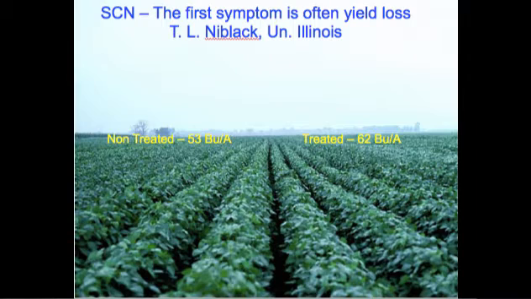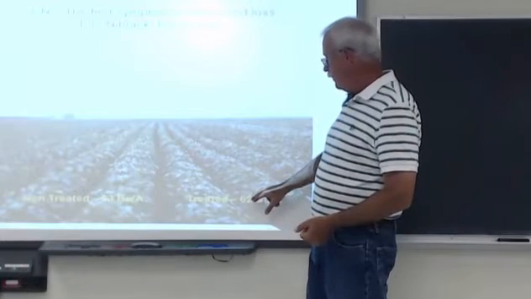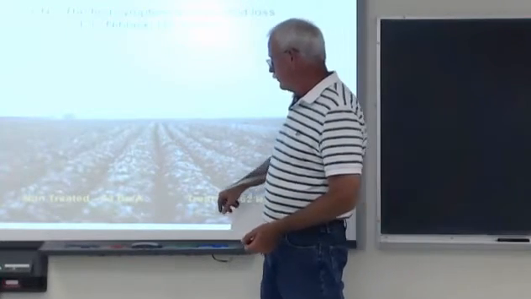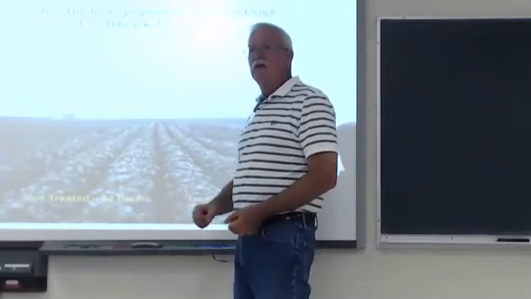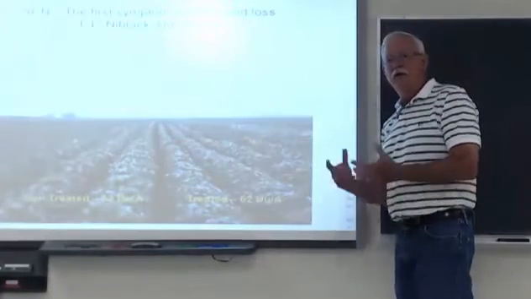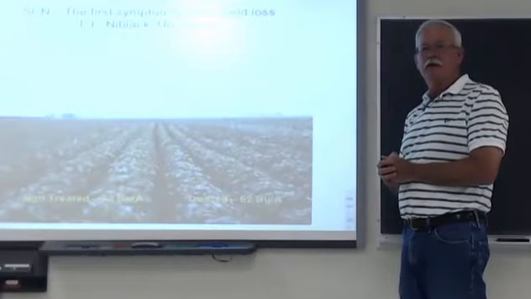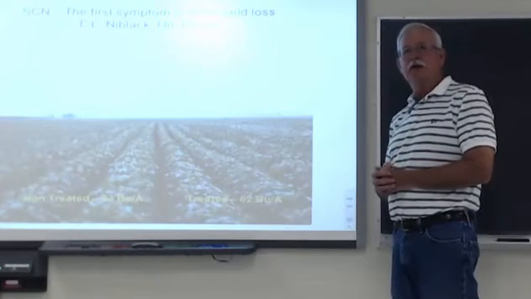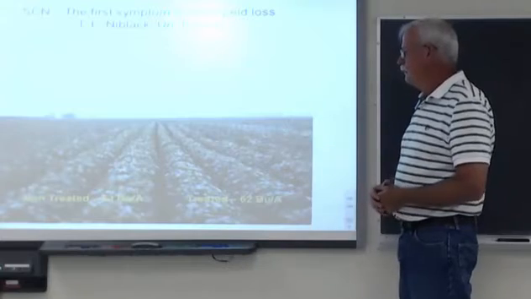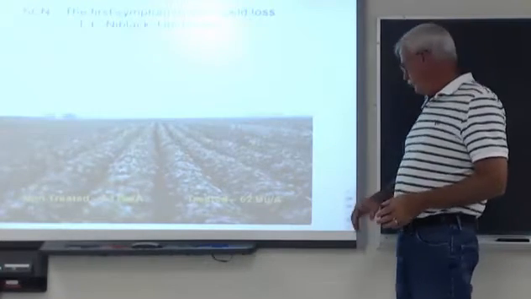Some research done by Terry Niblack at the University of Illinois clearly demonstrated in this soybean field where the plants just looked gorgeous, great looking crop of soybeans, but it was infested with the cyst nematode, and where the field was treated with a nematicide, there was a 9 bushel per acre yield increase relative to the untreated portion of the field. So unless they're treated with nematicides, which is too expensive for this crop, it is very difficult for a grower to tell that he's losing yield due to this pest.